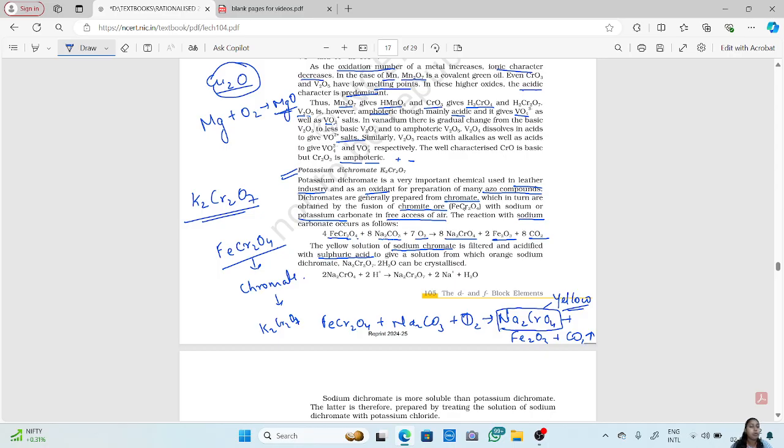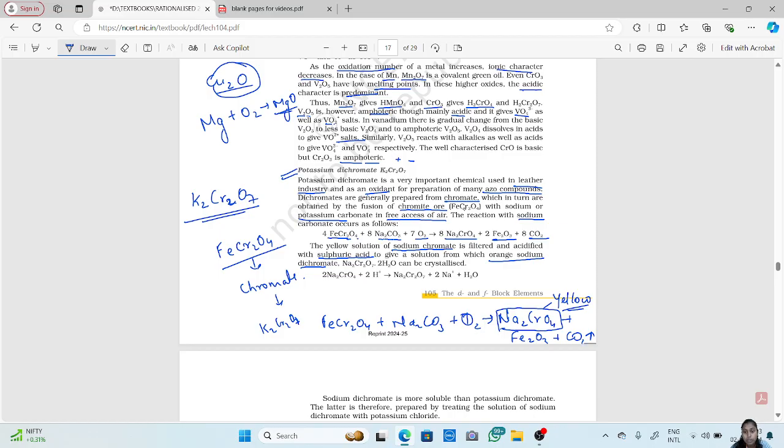Now, as I told you, we want to form potassium dichromate. Dichromate means you have to have two chromium in it. In this reaction, you can see there is only one chromium. That's why we add sulfuric acid to acidify it, and by doing this, you get an orange color sodium dichromate solution.